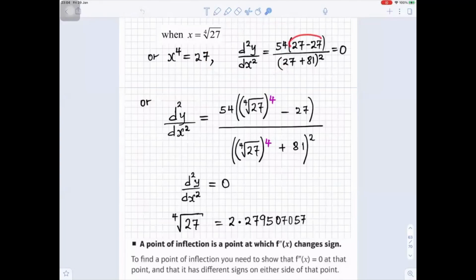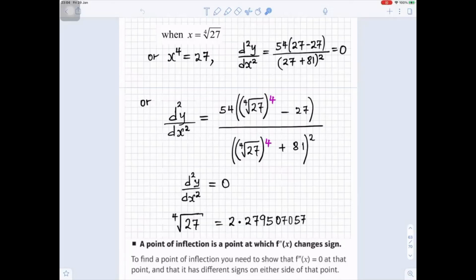So 27 minus 27 is 0. 0 times 54 is 0. And 0 divided by whatever is underneath here would be 0. So when x is equal to the fourth root of 27, you get 0. So you have shown that d squared y over dx squared is equal to 0.